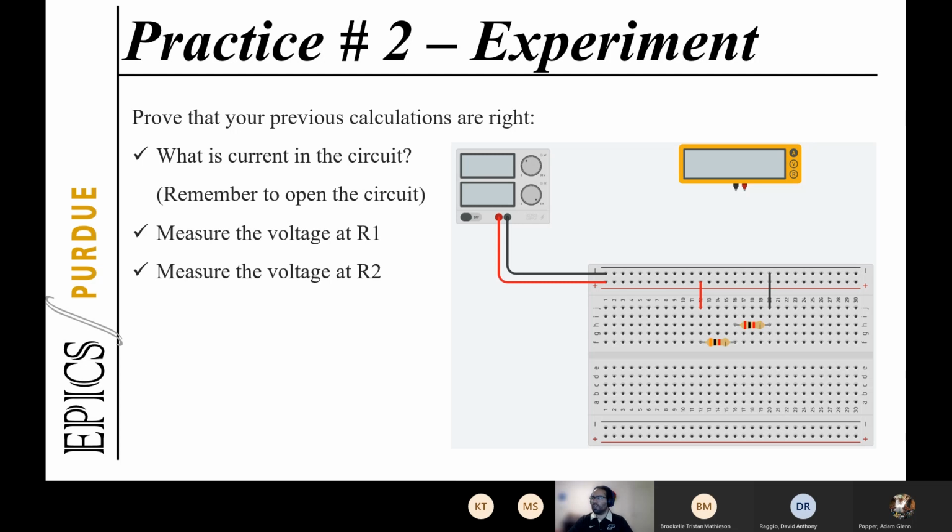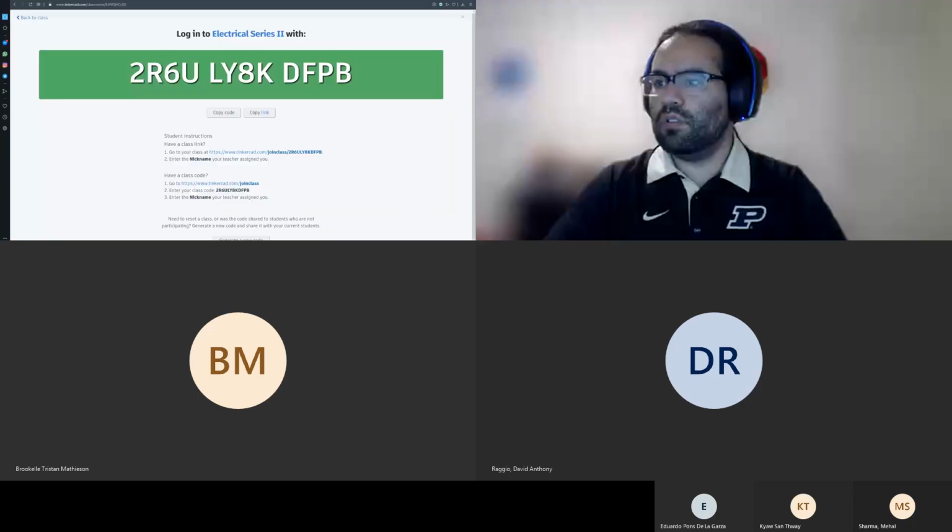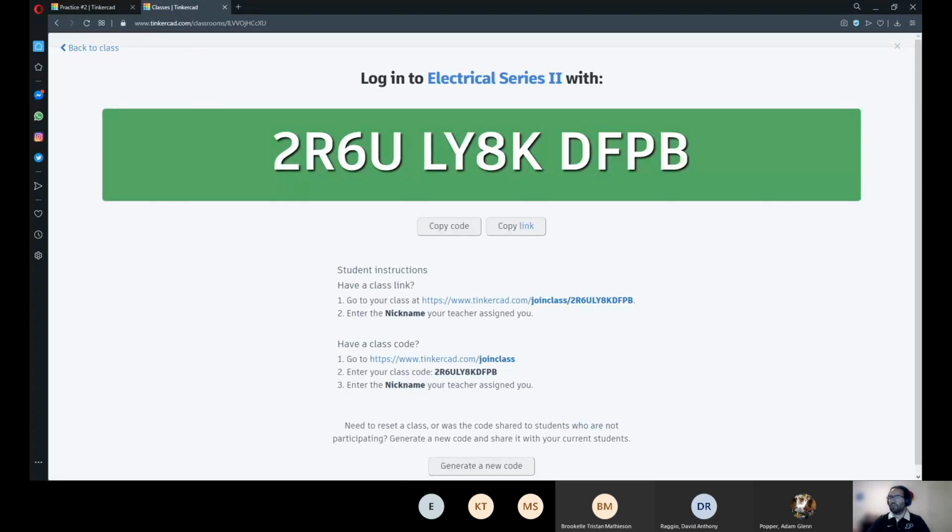So let me share the class code so you can join. I'm going to copy the link in the chat.